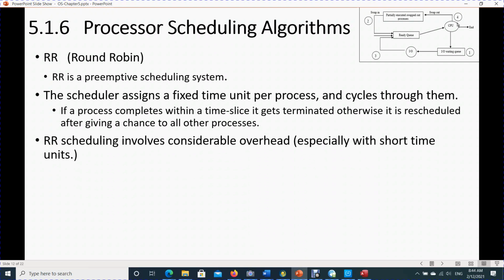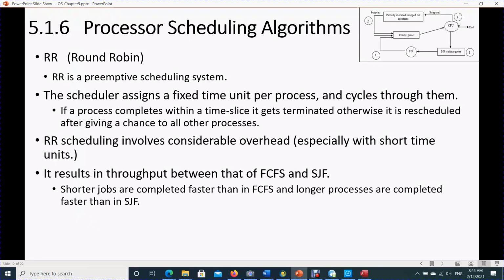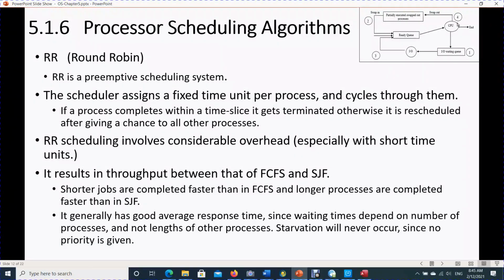It tends to involve quite a bit of overhead, especially if the time slices are quite short and the processes get interrupted frequently. In practice, its throughput comes between that of first come, first served and shortest job first. Shorter jobs get done faster than first come, first served, and longer processes get completed faster than in shortest job first.